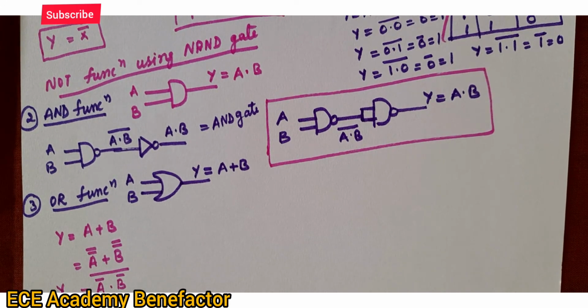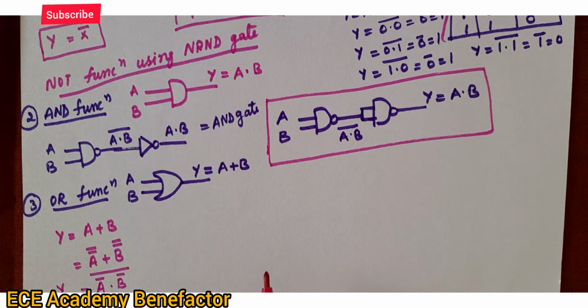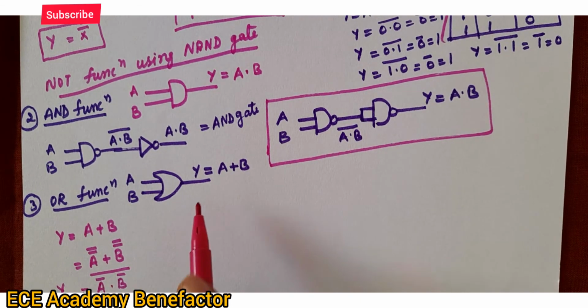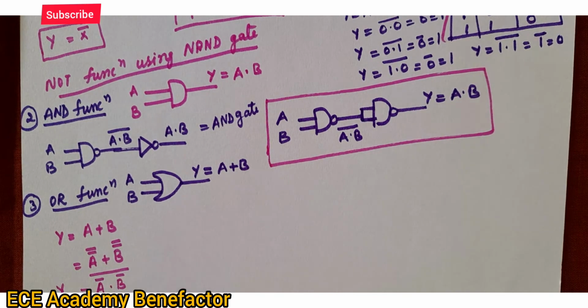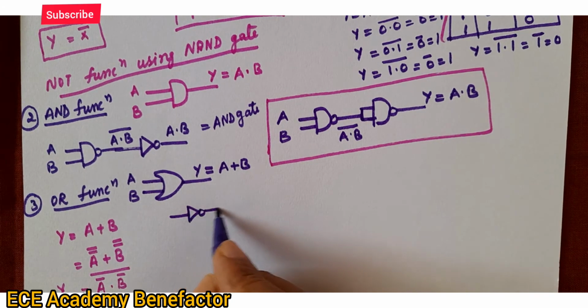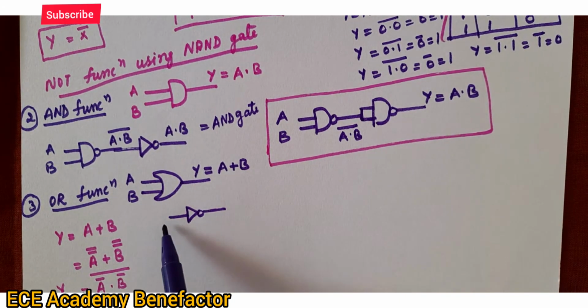Okay, so what I have to do first now, we want to get A bar and B bar, and then complete bar. So A bar, how can we get A bar? Let us do it by a NOT gate.